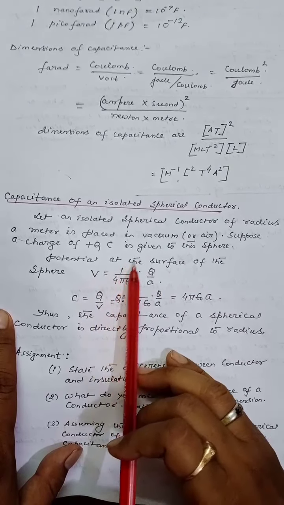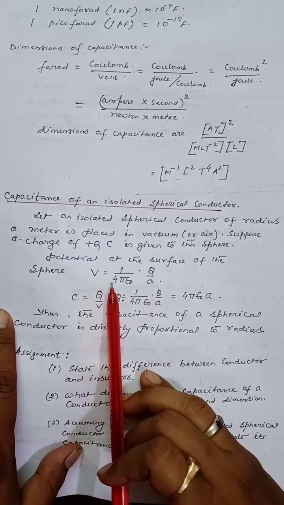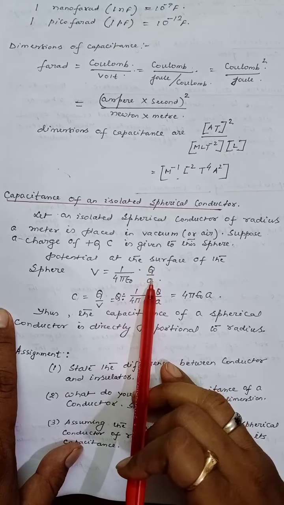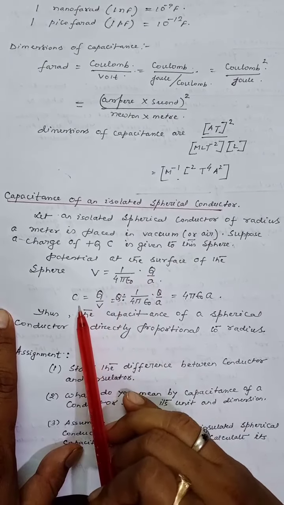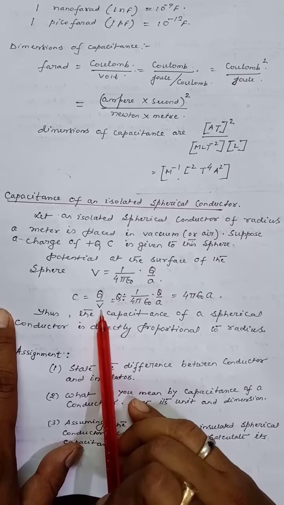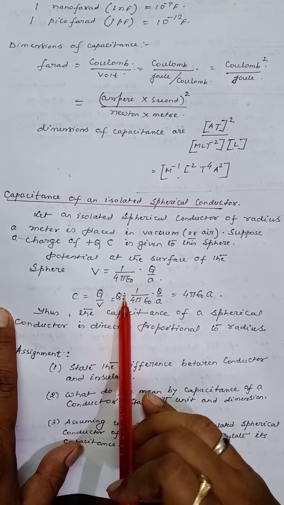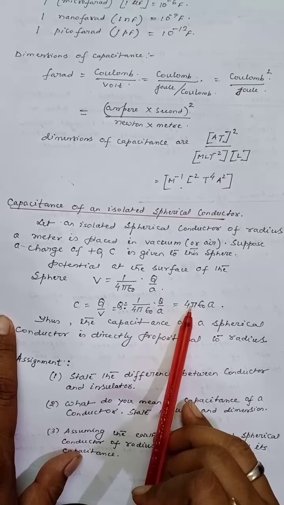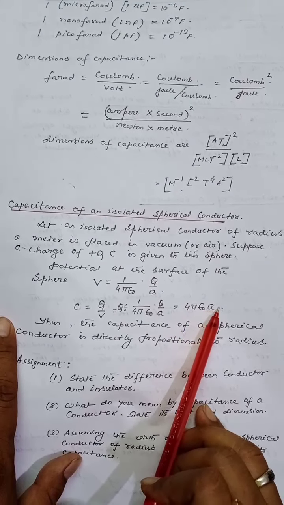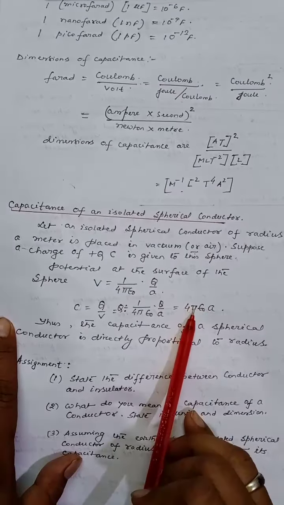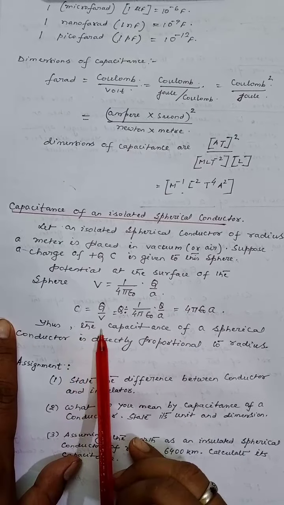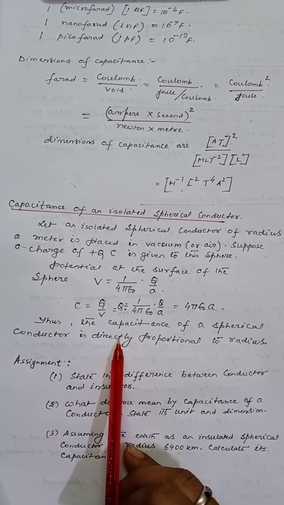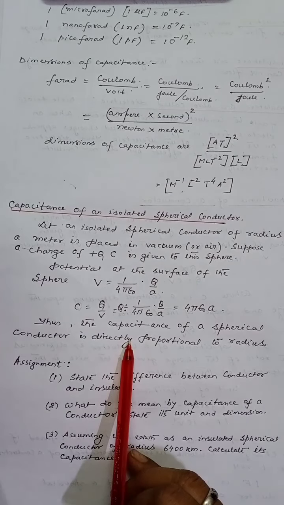So potential at the surface of the sphere is given by V equal to 1 by 4 pi epsilon naught q by a, and capacitance C equal to q by V. So it is q divided by 1 by 4 pi epsilon naught q by a. After calculation we get 4 pi epsilon naught a. 4 pi epsilon naught is a constant. So we can say that the capacitance of a spherical conductor is directly proportional to the radius.